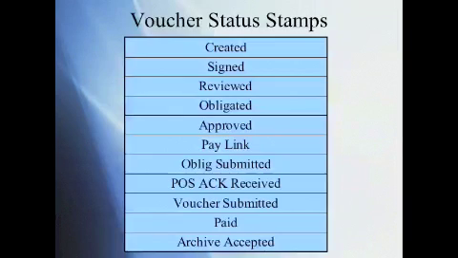Here are the 11 voucher status stamps, the normal ones. I want to repeat that again because if you notice on the last slide, there were some stamps that aren't listed here. When you are electronically monitoring the travel claim, you want to make sure that you see all of these status stamps.